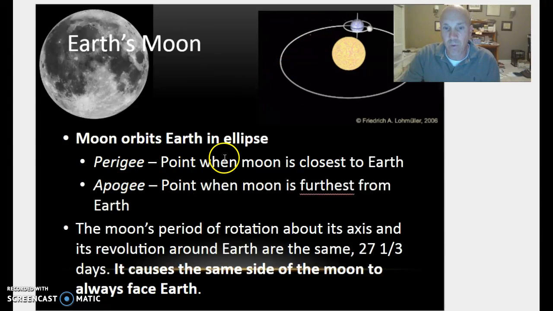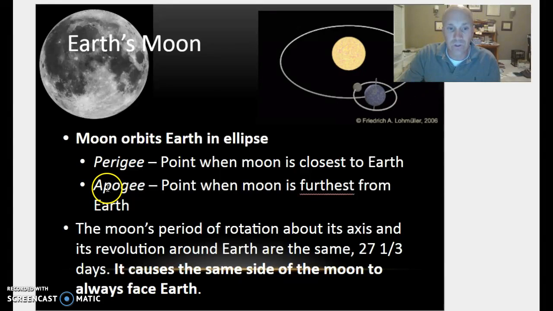The point where the moon is closest to the Earth is called perigee, which sounds a whole lot like perihelion, which was the name that we used when the Earth was closest to the sun. The name when the moon is furthest away from the Earth in its orbit is called apogee, which looks like aphelion, which is the name when the Earth was furthest from the sun.